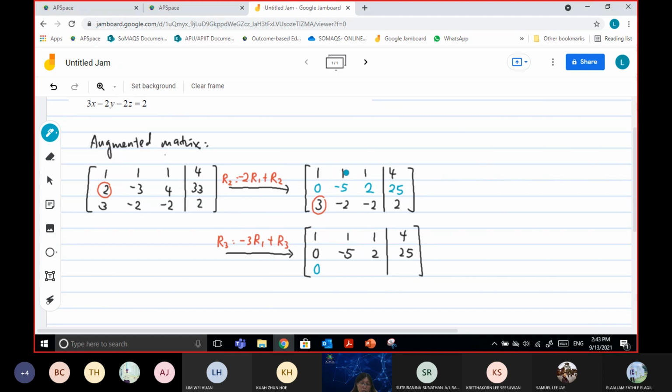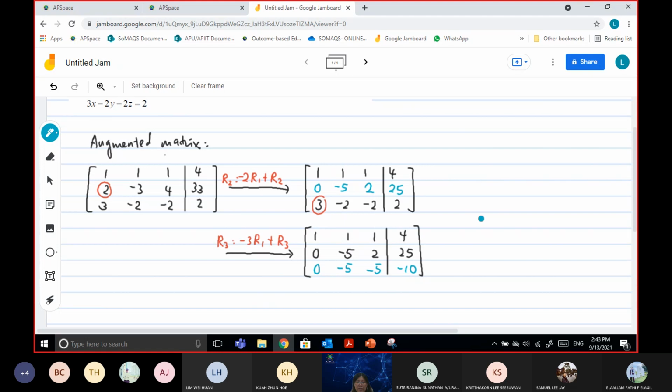Then the second column, multiplied by negative 3 plus negative 2, so negative 5. Third column, 1 times negative 3 plus negative 2, also negative 5. Then 4 times negative 3 is negative 12, plus 2, you get negative 10. So this is the answer for the third row.